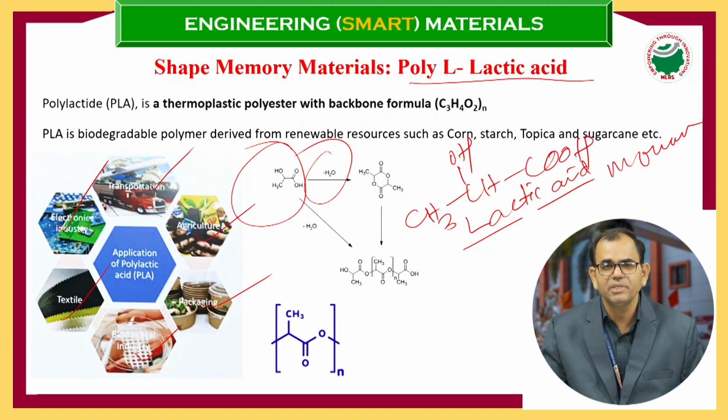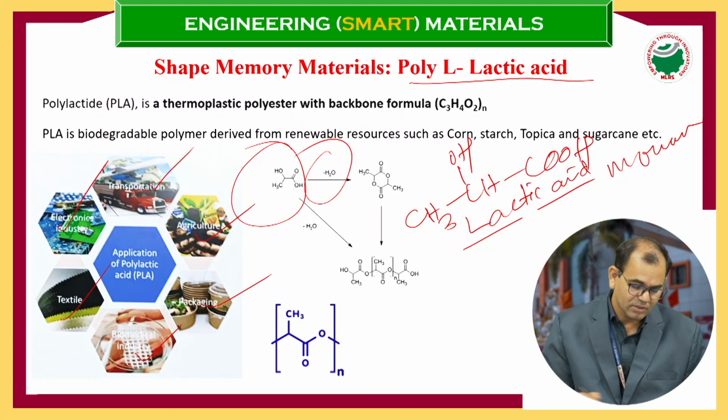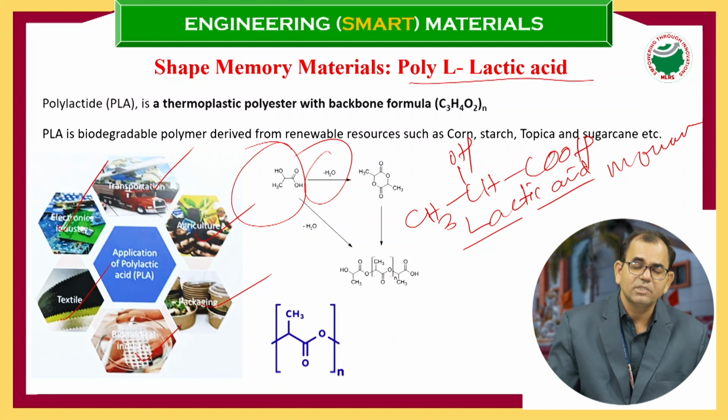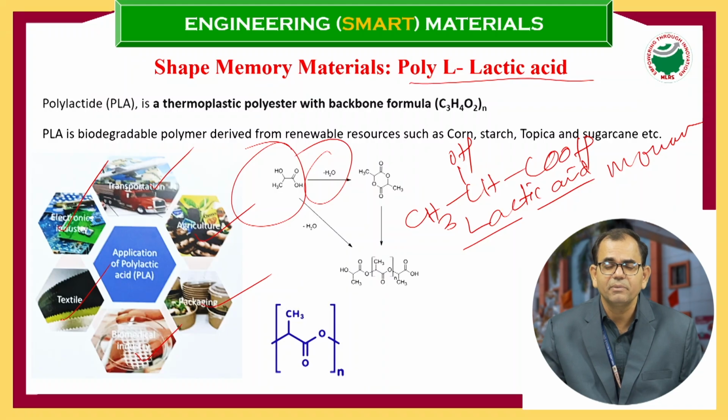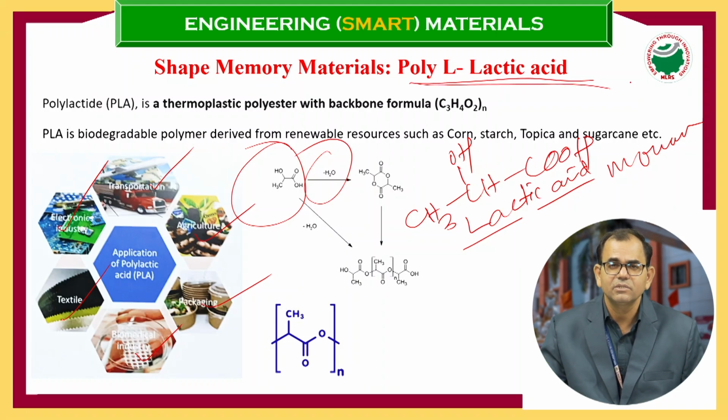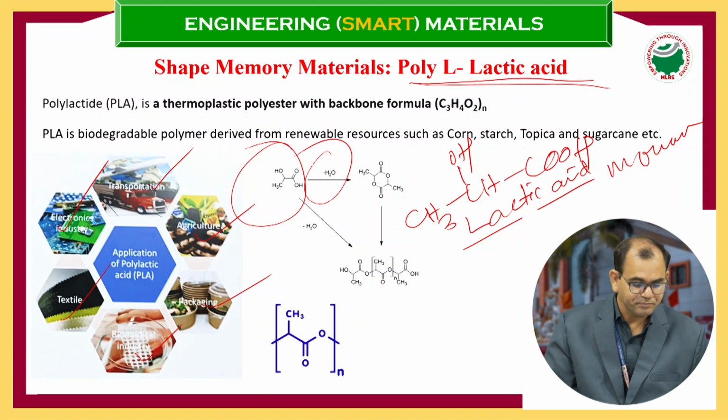Textile means garment factories. These are the applications of polylactic acid, and it is one of the best examples for shape memory material. So polylactic acid is the polymer which has shape memory material properties.